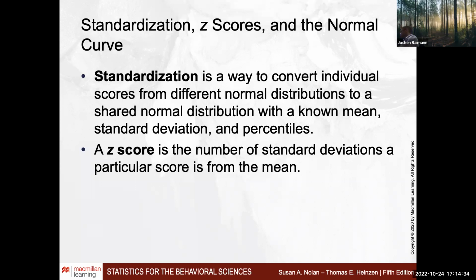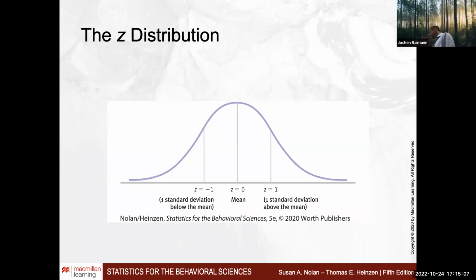Standardization is a way to convert each individual score on your x-axis into a standardized z-score that gives you the distance of any individual point from the mean, which is in the middle of your normal distribution, expressed as the number of standard deviations it's away from the mean. I like the skeptical look. Okay, it's simple. It's not terrible. It sounds more complicated than it is.